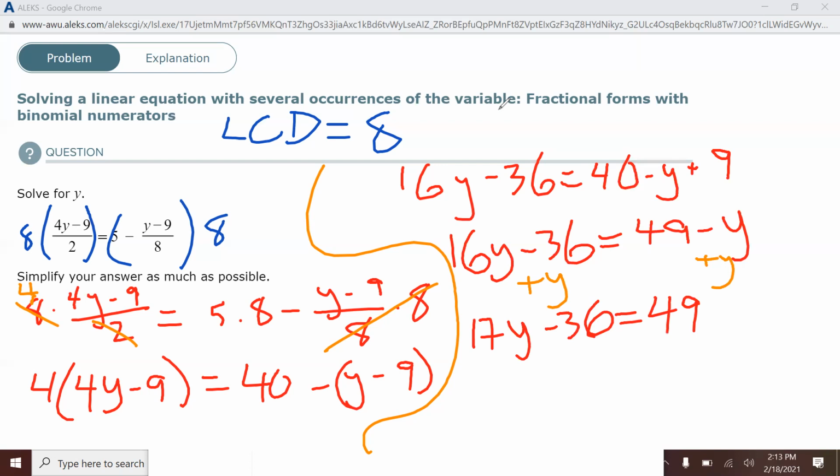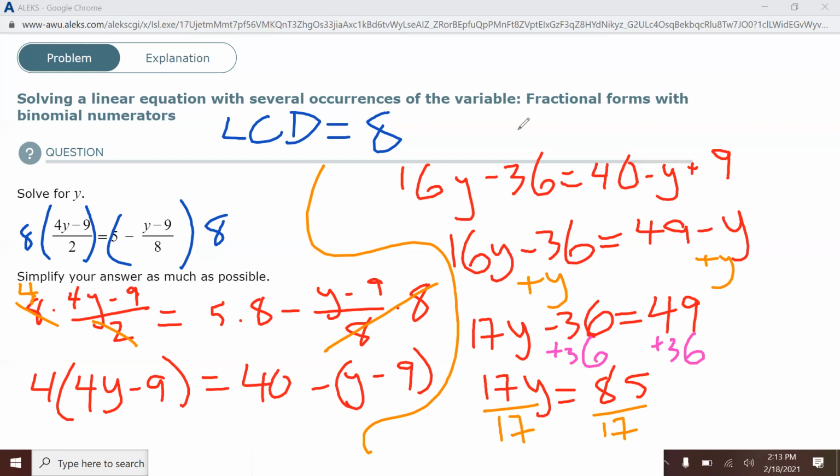And then we'll move the 36. And then we'll divide by 17. And y is 5. And that is it, and that is how it is done.